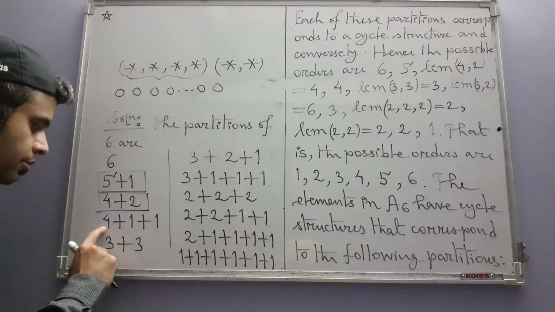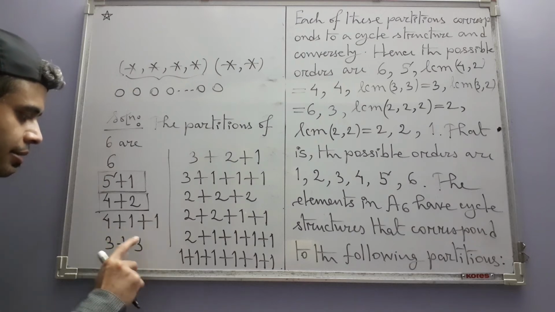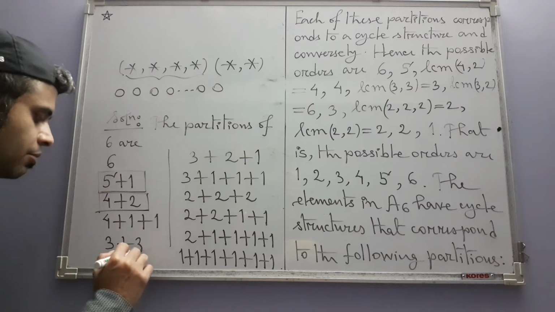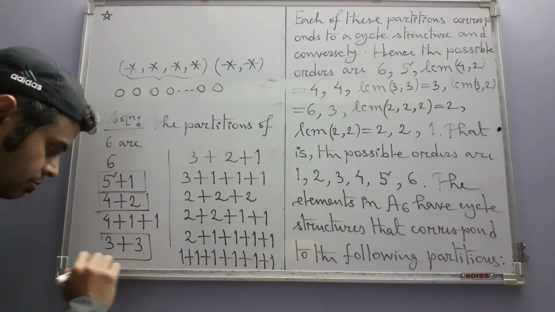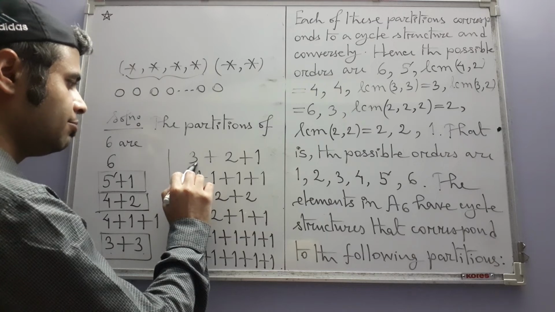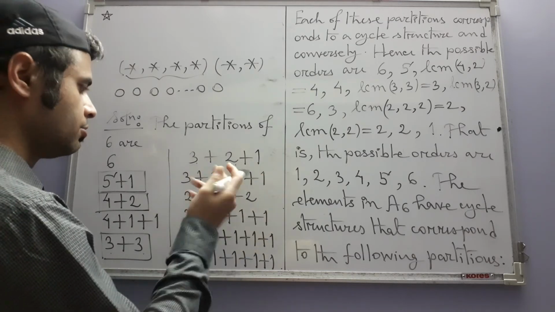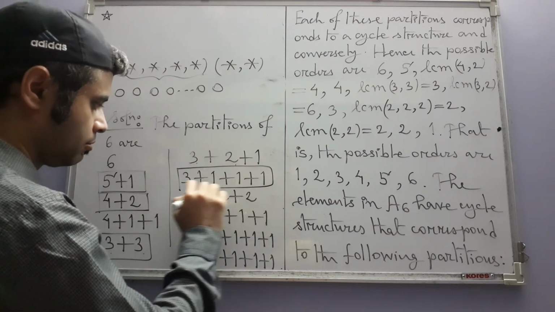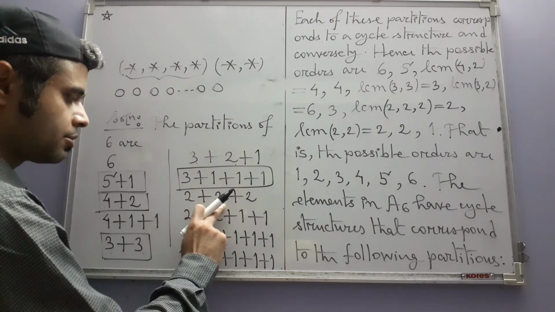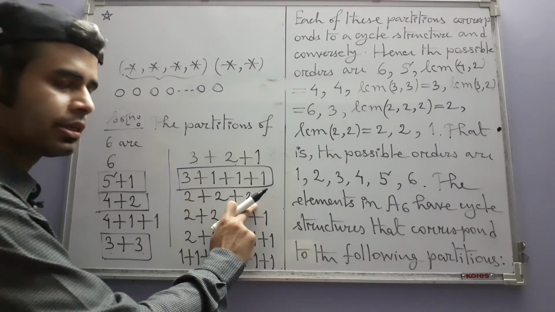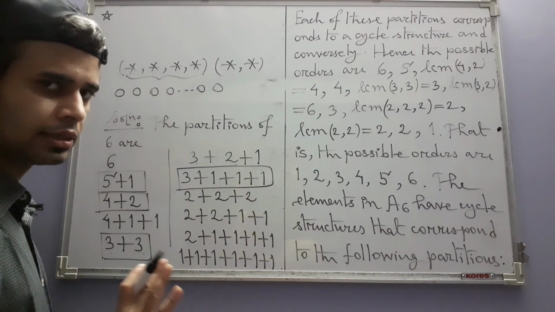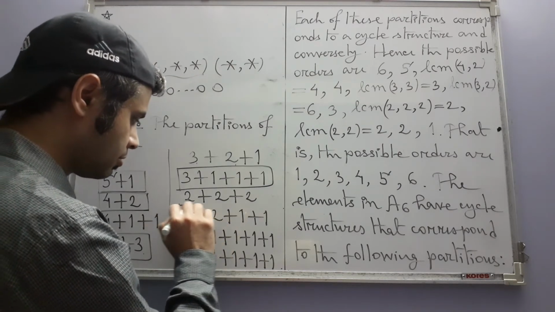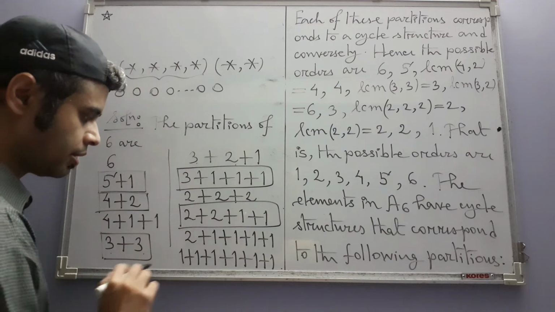So this is odd, and there is nothing else to make that even, so this does not appear. Even plus even is even. Even plus odd is odd. No, this is even. Odd plus odd plus odd, 3 odds are there, so this will not give us an even permutation. Odd plus odd is even, so this will be there.